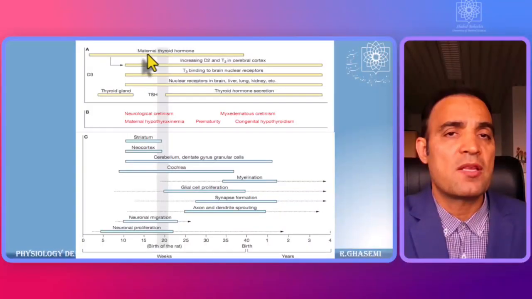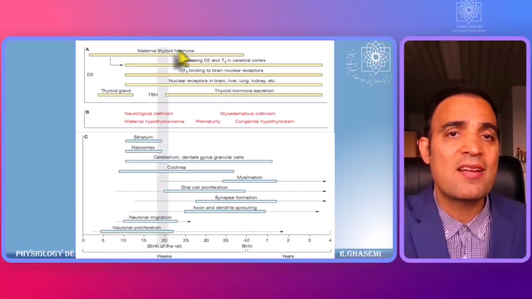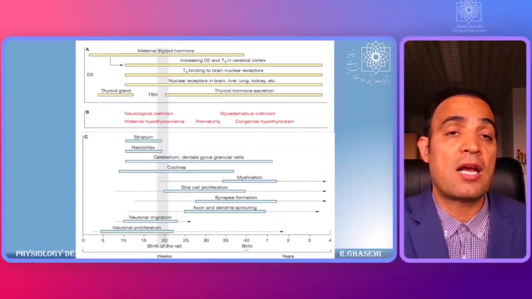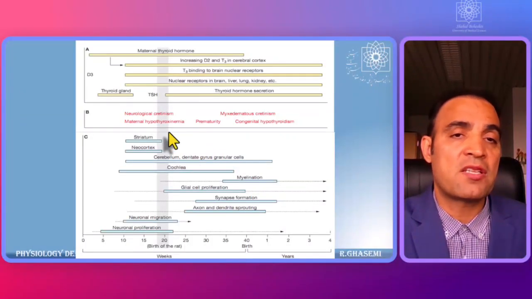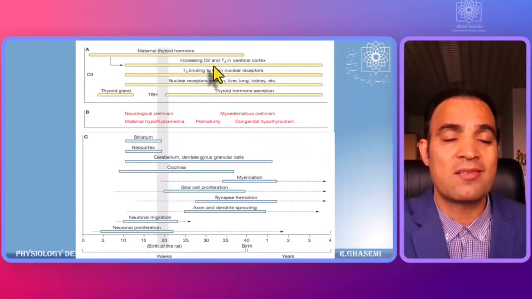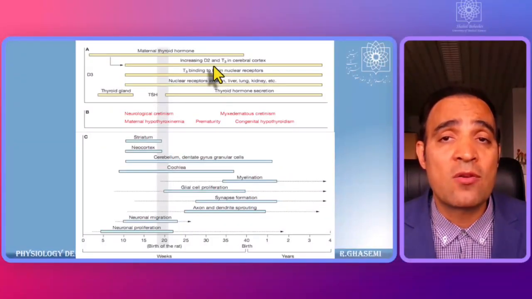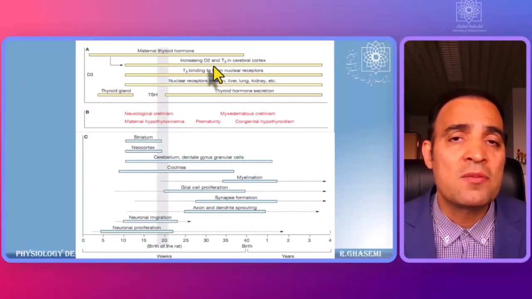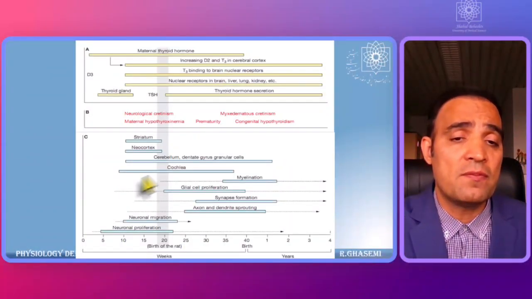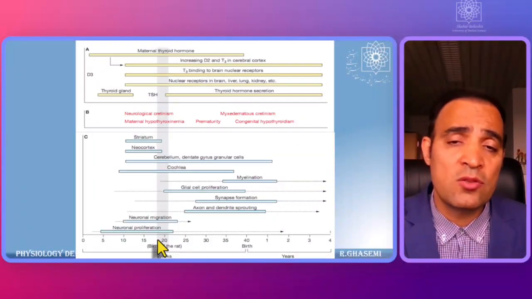From early life to the time of birth, maternal thyroid hormone is available for the baby. Then after 10 weeks, D2, the iodothyronine deiodinase type 2, and T3 are expressed in the cerebral cortex. T3 binding to the brain nuclear receptor starts in early embryonic life and continues forever.